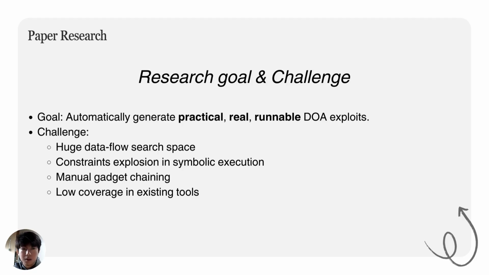Einstein also identifies attacker-controlled data flows targeting system calls, generates exploit payloads, and verifies them automatically. The result is a fast, scalable, and highly practical method for producing real working DOA exploits.